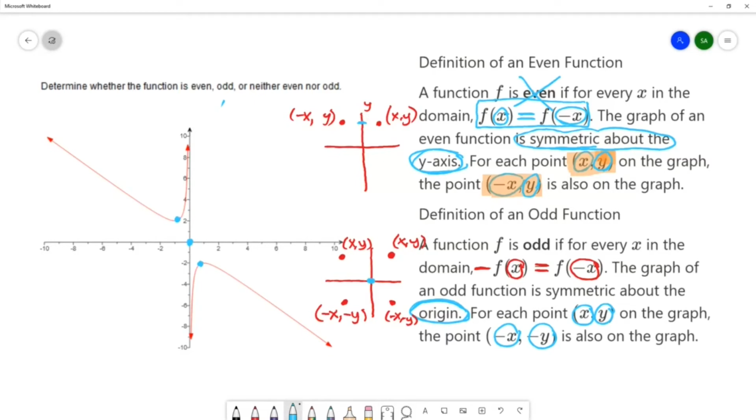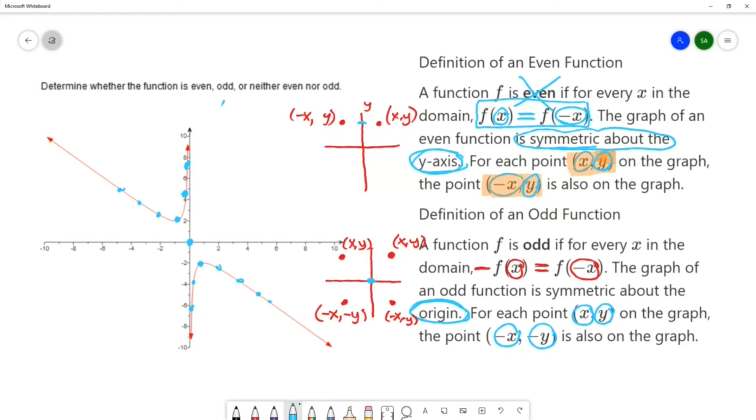And you can see that I have points that are matching up with each other. If I continue on with points over here, I am getting mirror images of that over the origin. If I continue with points over here, I'm getting mirror images over the origin here. So this graph seems to have origin symmetry.